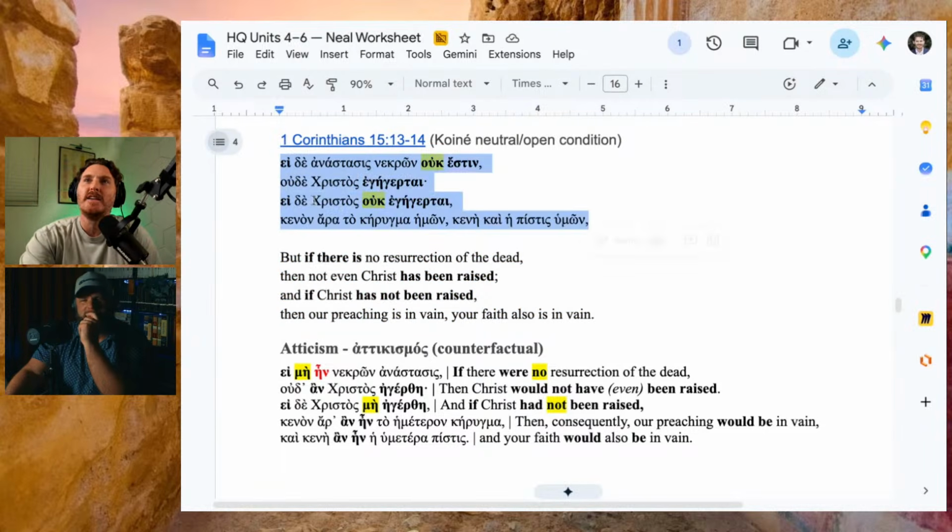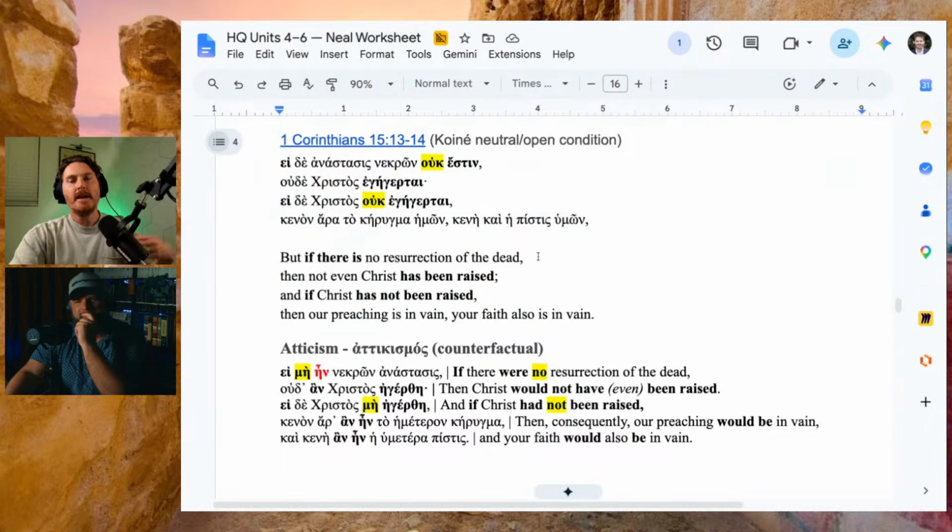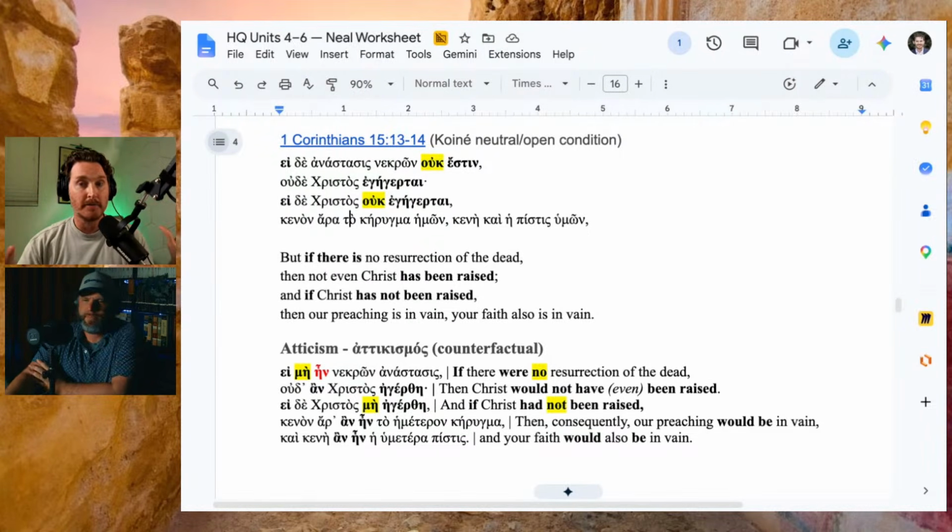Not necessarily, but basically what he's doing is he's granting for the sake of argument that there is no resurrection of the dead. So he's not giving a counterfactual. Then not even Christ has been raised. He's declaring that in the indicative mood, oude Christos egegertai.